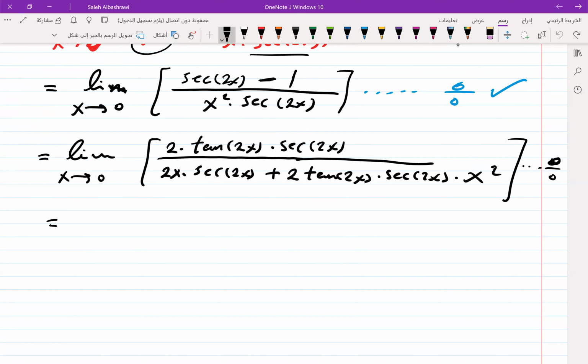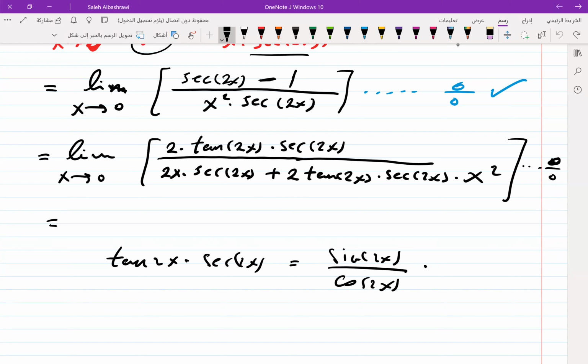We know that tangent can be written as sine 2x divided by cosine 2x, multiplied by secant, which is 1 over cosine 2x. Can we simplify this one? No, we can't do it.